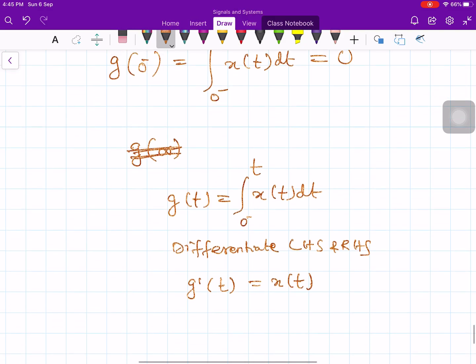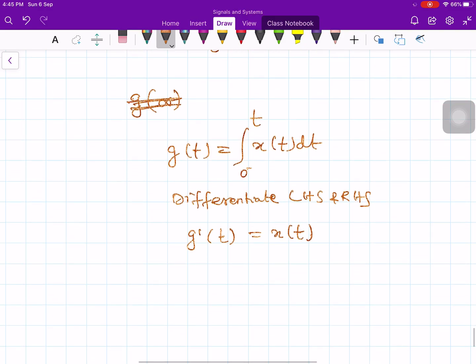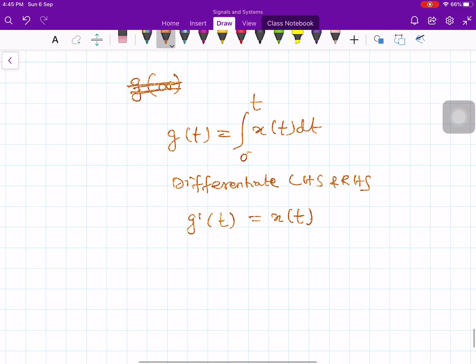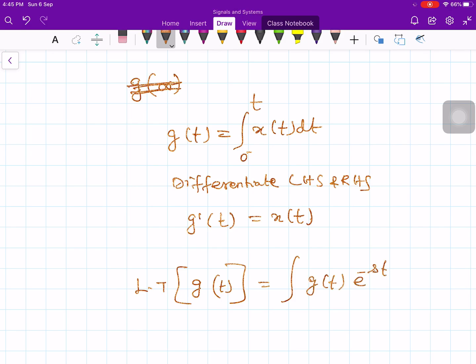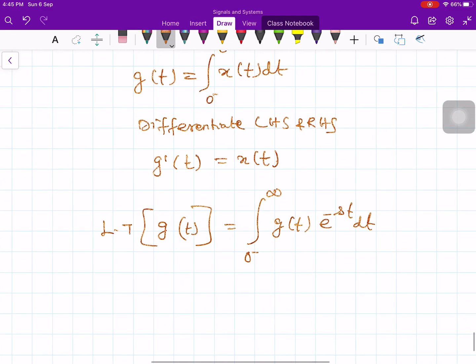Now using this, what is the Laplace transform of g dash of t? Let me take G of s, which by definition of the Laplace transform is the integral from 0 minus to infinity of g of t times e to the minus st dt.